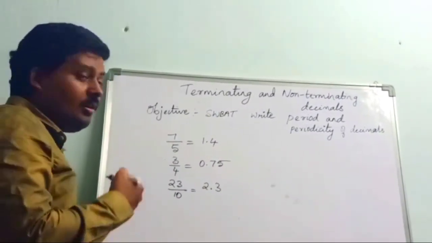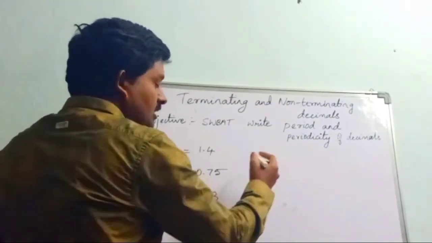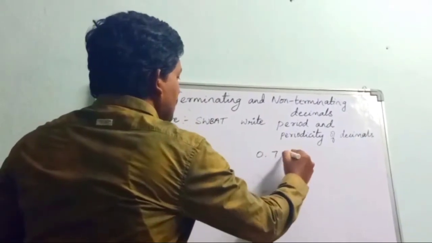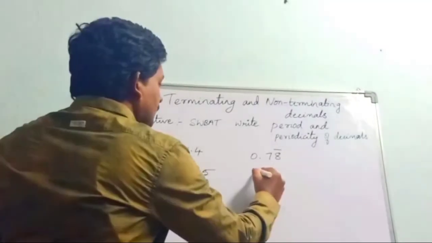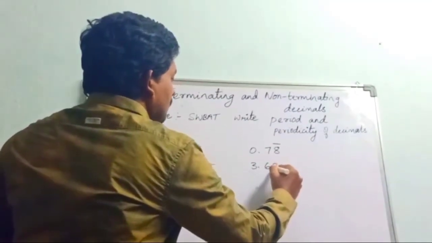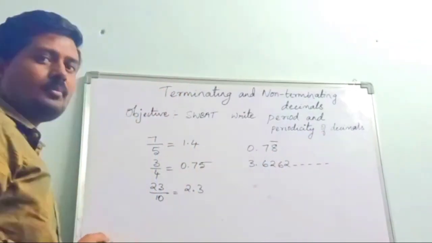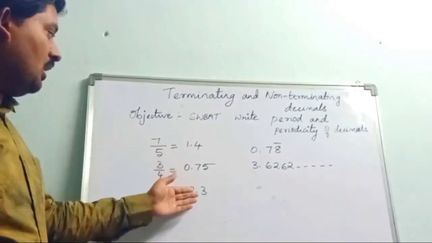Okay. And I have also given some non-terminating decimals, right? Such as probably 0.78 bar, okay, and 3.6262, so on. Now, if you look at this carefully, these three are terminating.